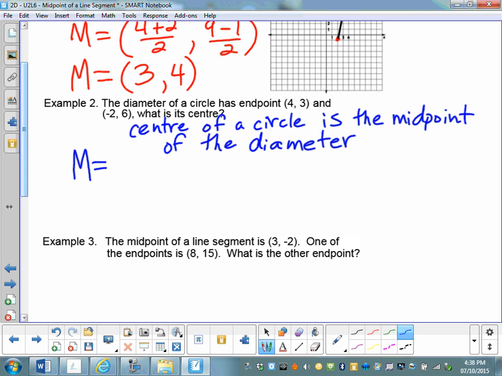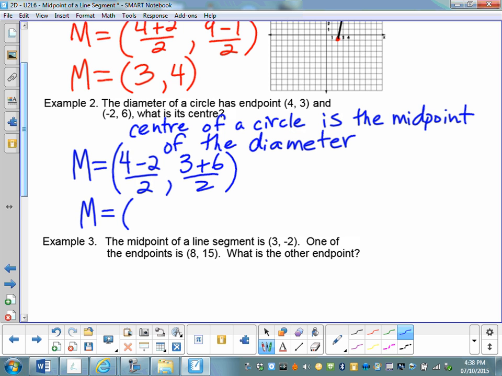So I'm going to be doing 4 minus 2 divided by 2, and then for the y values, I'm going to do 3 plus 6 divided by 2. And so when I calculate this, 4 minus 2 is 2, divided by 2 is 1. 3 plus 6 is 9, and 9 divided by 2 is going to give me 4.5.